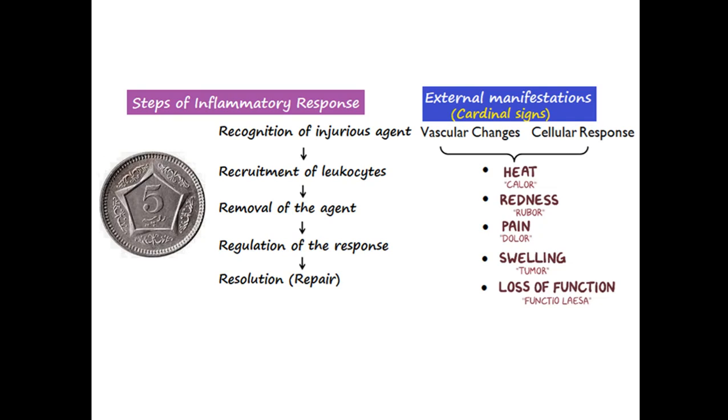The swelling, or tumor, results because during inflammation fluid leaves the blood and goes into the extravascular site. The accumulation of fluid or exudate during inflammation results in swelling, and that part of the body will be unable to function normally, at least for some time.